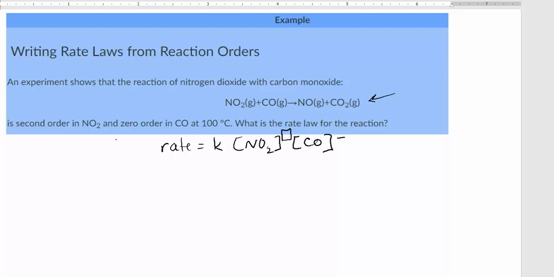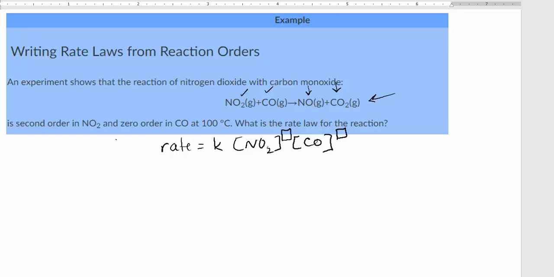I'm going to put little boxes here as placeholders. Remember, only reactants will go in the rate law. The reaction will not be dependent on the formation of products. It is dependent on how the reactants react.